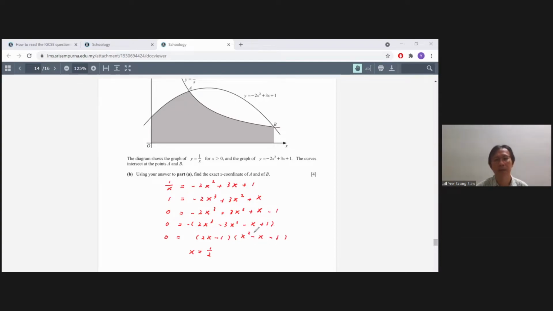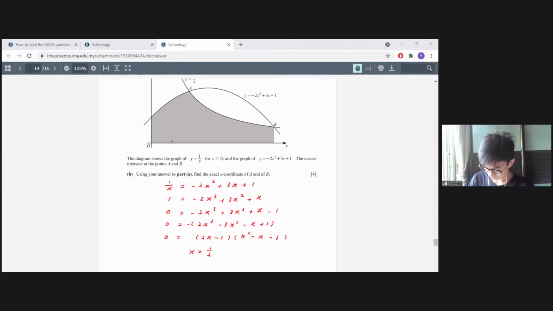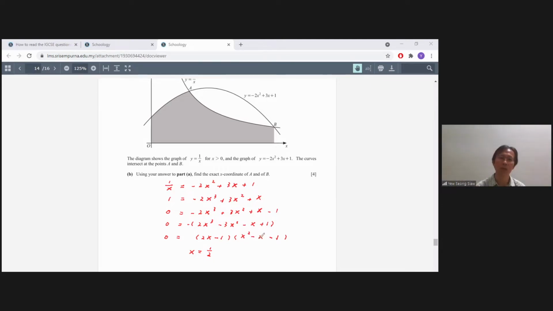You cannot factorize this. Can you factorize this? No, you can't. And so if you can't, how do you do? How to find the answer?